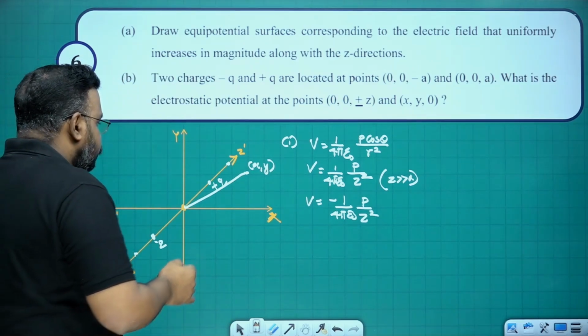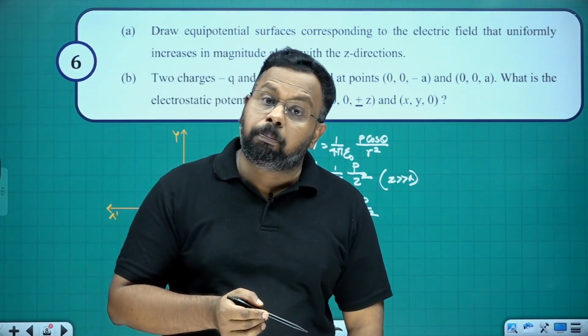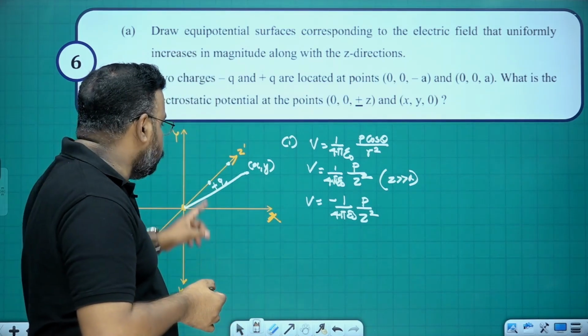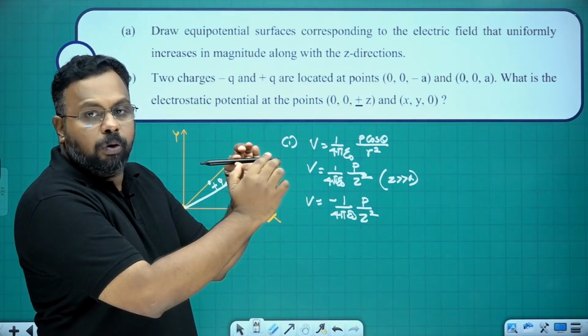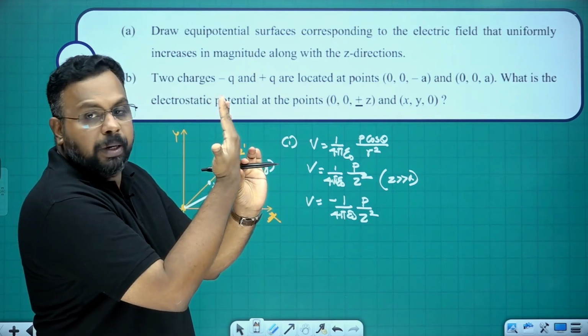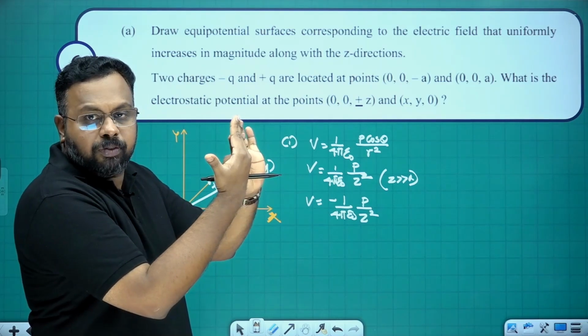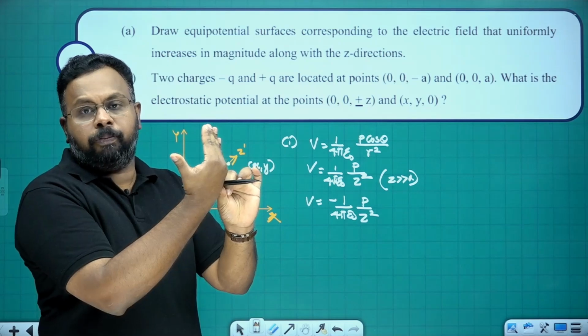Right? Yes. So surely xy plane is perpendicular to which axis? Xy plane will be perpendicular to z axis. So if there is a dipole on z axis or axial line, xy plane will be like this, through the middle. So at any point in xy plane, it will be equidistant from both minus q and plus q.